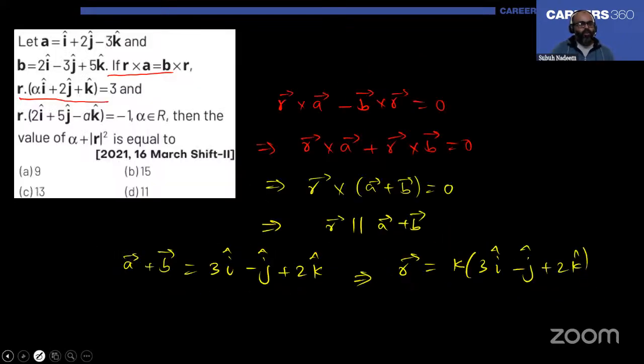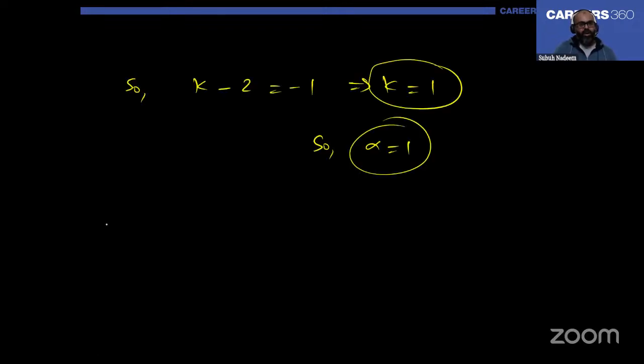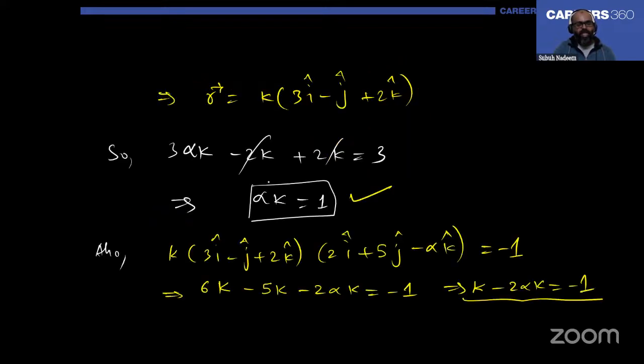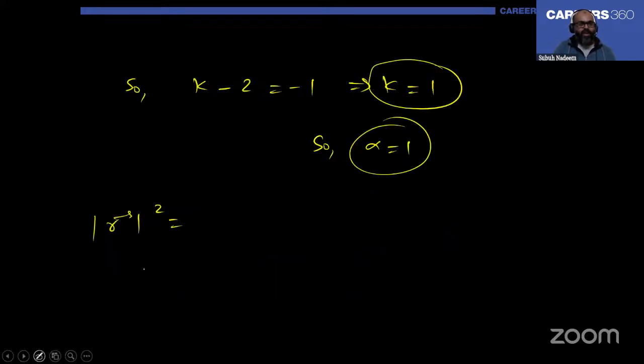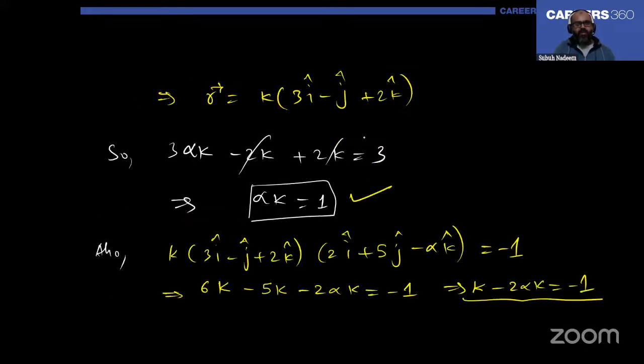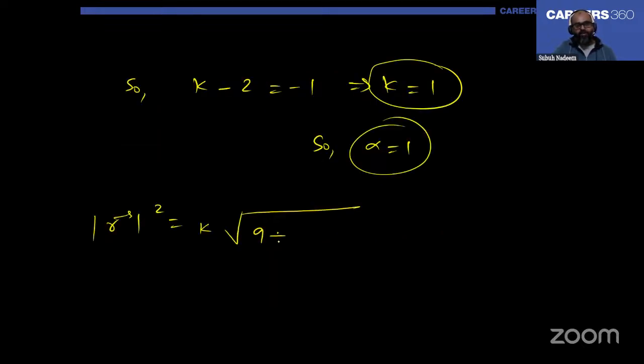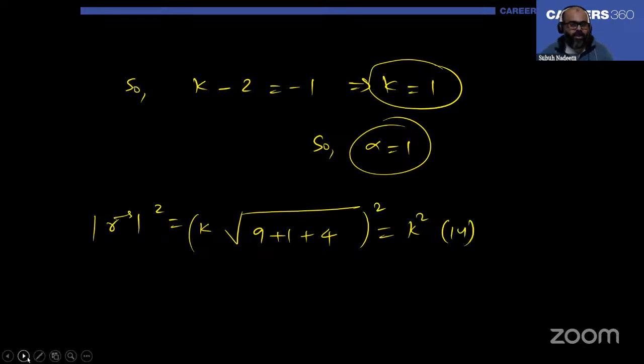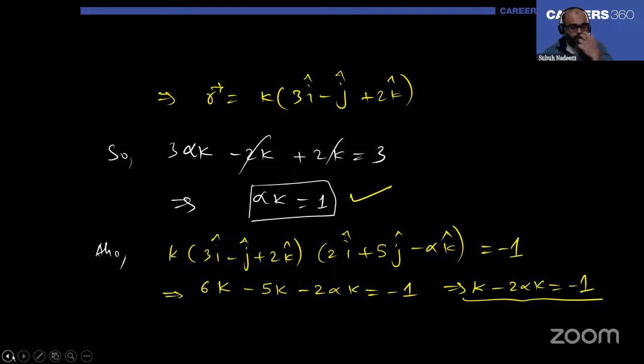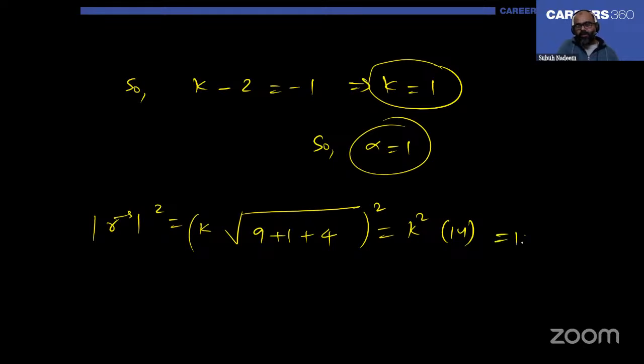Now let us see what mod R square is. Mod R is K into root over 9 plus 1 plus 4. This is what we get after finding the magnitude, and there is a square also. So square of this means K square into 14. K is equal to 1, so this will become simply 14.